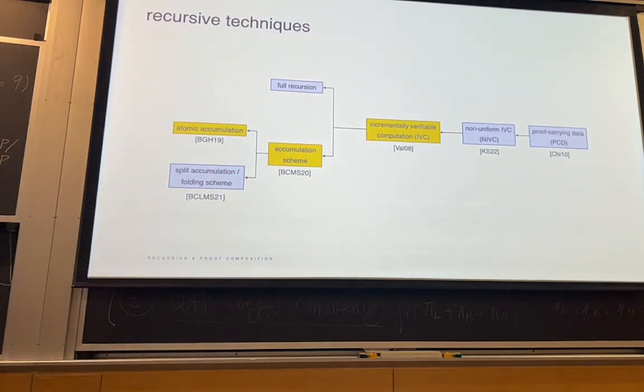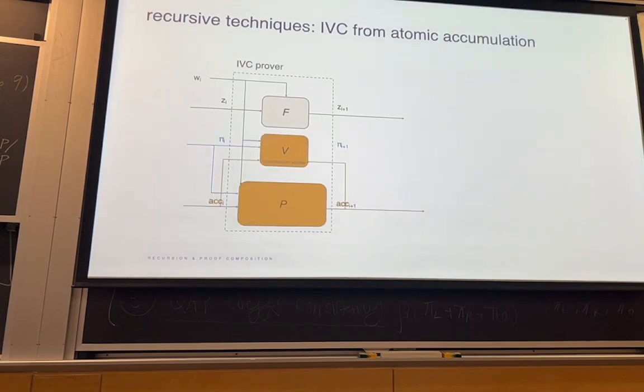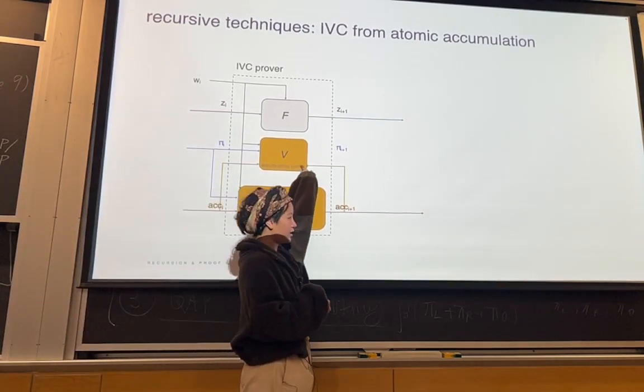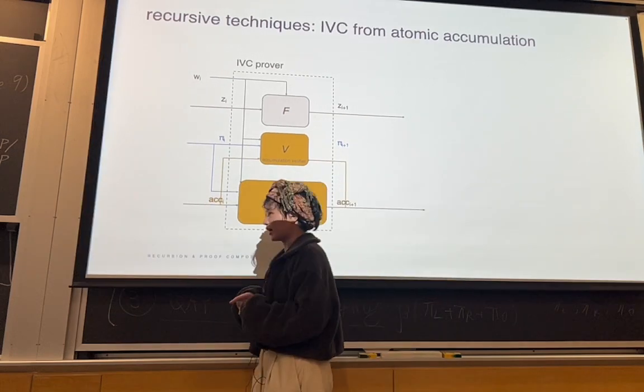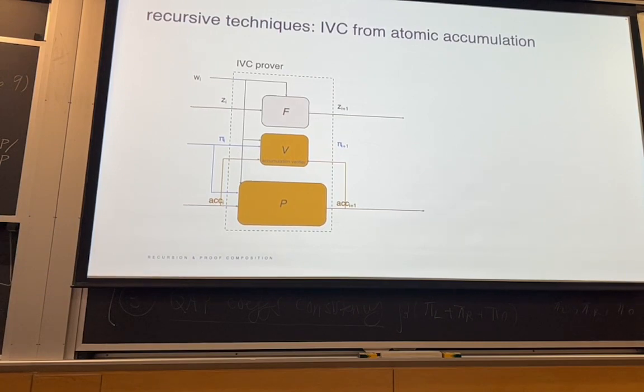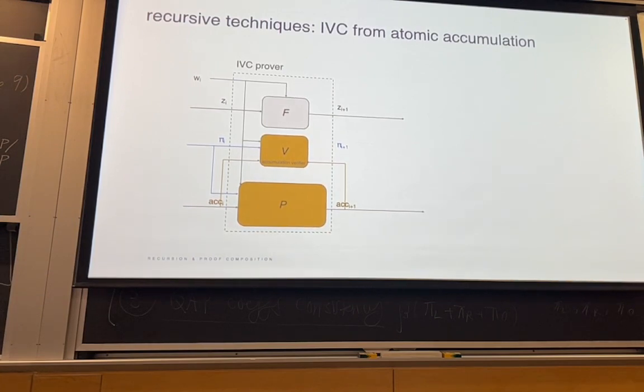I won't go through it in detail, but the intuition is that we amortize the expensive check across a batch of proof instances. And at each step, instead of trying to embed the whole linear size verifier, we embed just the accumulation verifier. And the accumulation verifier checks some very cheap log n checks.